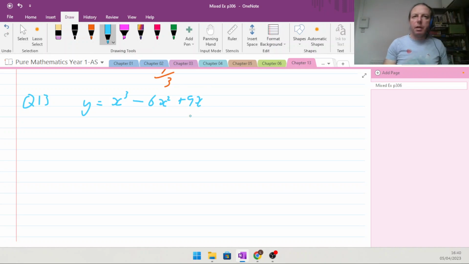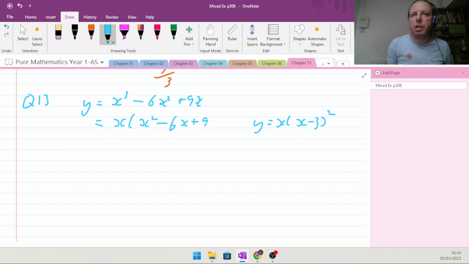So we are wondering, can we show that this is the same as x times (x minus 3) squared? Well, if we take this, factorizing out the x, we get x times (x squared minus 6x plus 9).